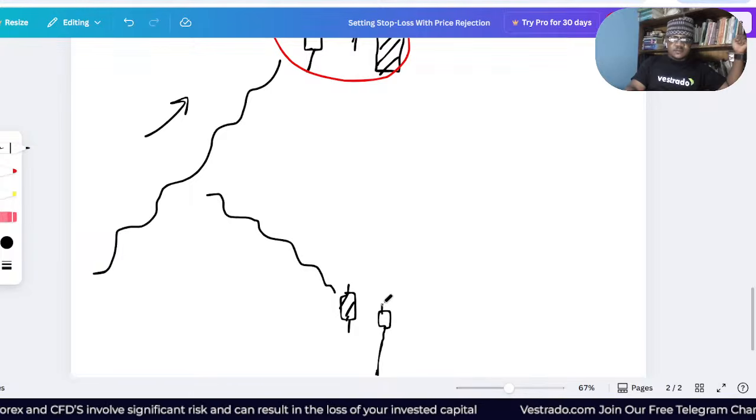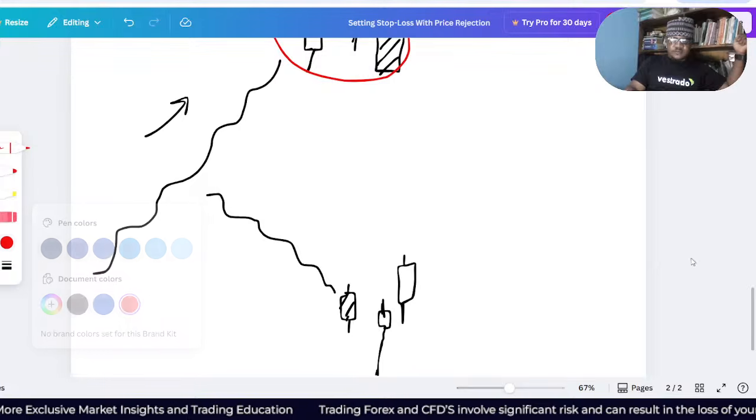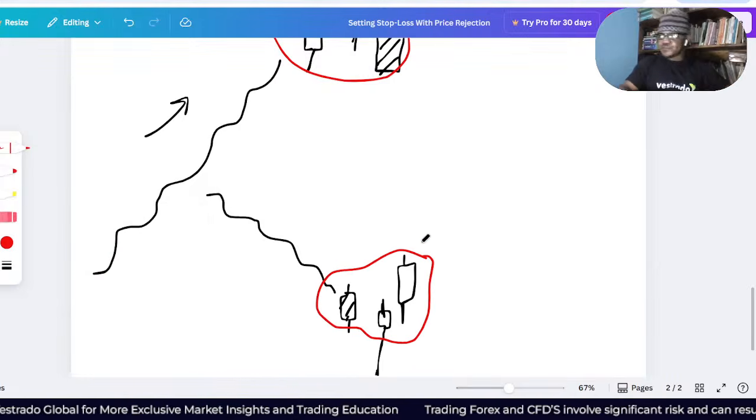Could be a hammer, could maybe not be a hammer, be a normal candle, but a long wick, and then a completion with the third candle here being above the close of this guy and this guy. These three are called the morning star. We haven't done three candle patterns on this channel yet. We're going to cover that perhaps in 2 weeks' time.